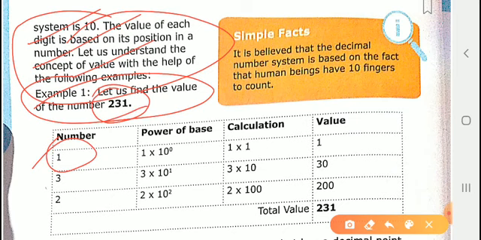So if anything is given after the decimal point, we use negative powers. The same process follows for the ones place, tens place, and hundreds place.